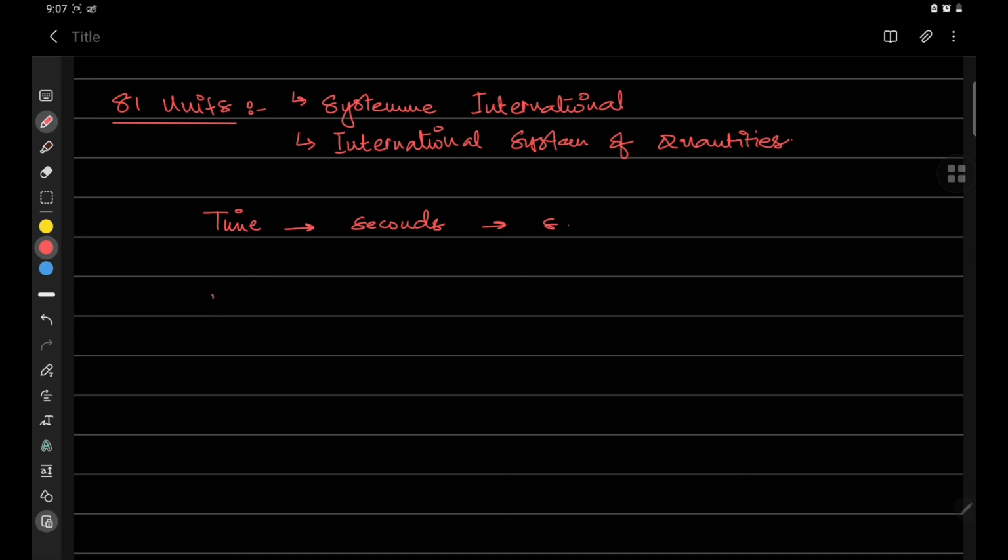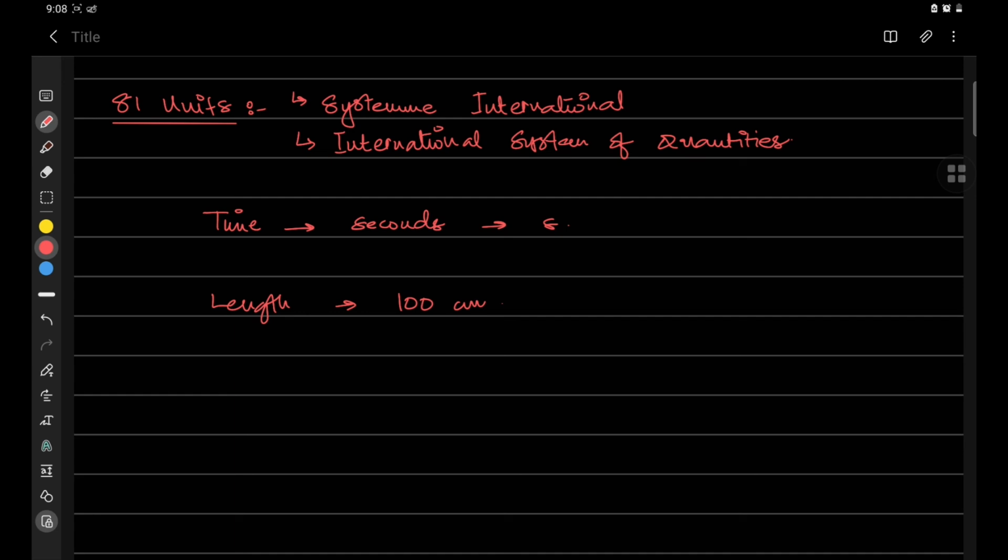Similarly, when we're talking about length, you go up to a carpenter and say, I need this piece of wood to be extended by another 100 centimeters, right?